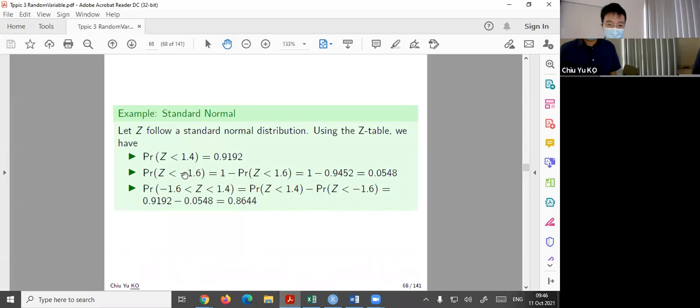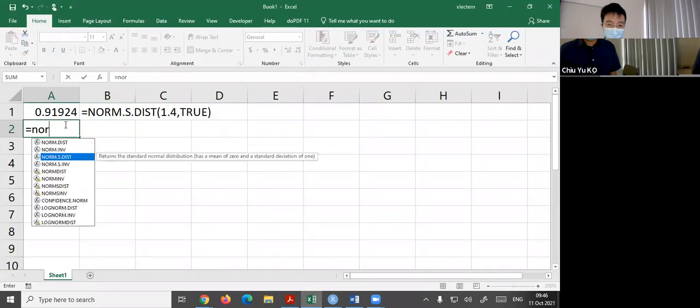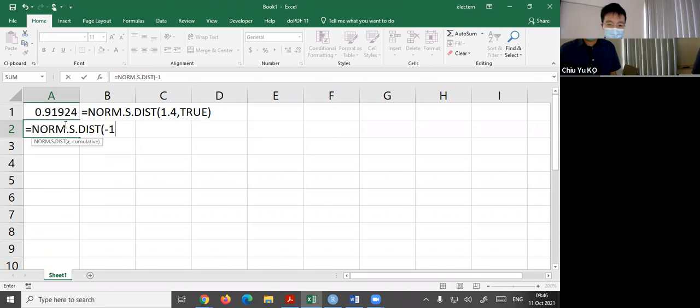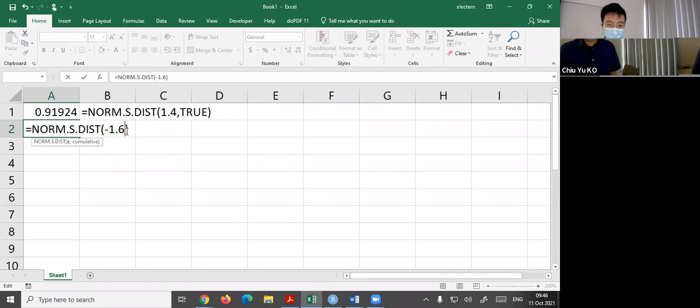The next one is less than negative 1.6, the same idea: NORM.S.DIST of negative 1.6. You need to put TRUE. To remind you why there is a true and false: for continuous distributions it is almost always true, because you never use the density function; you always use the cumulative distribution function.